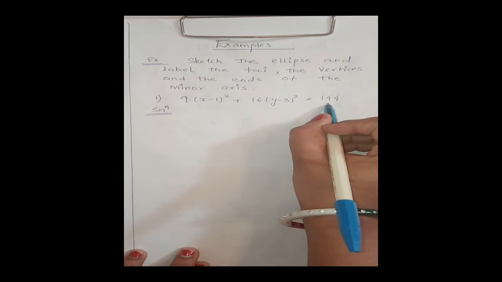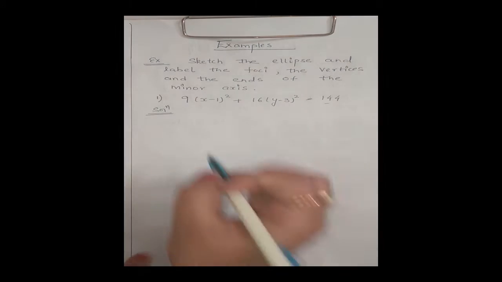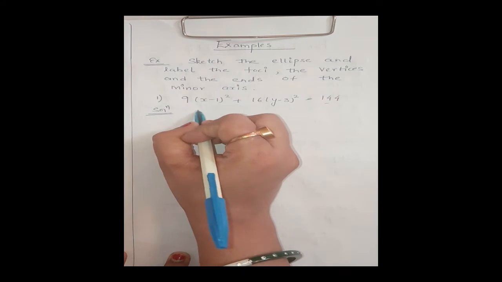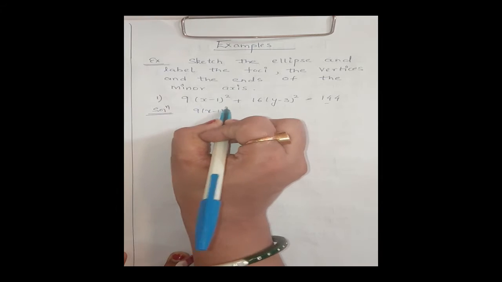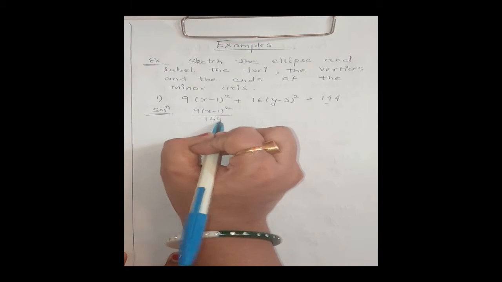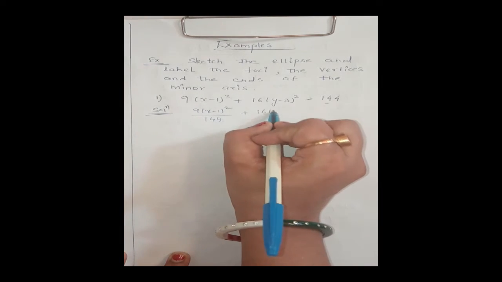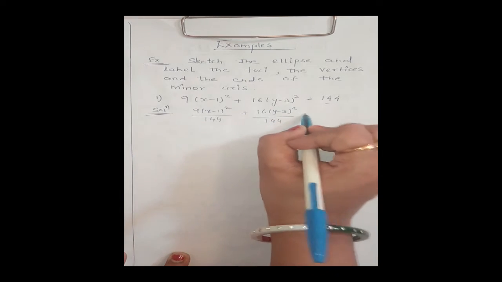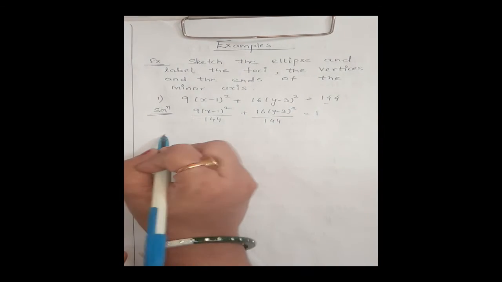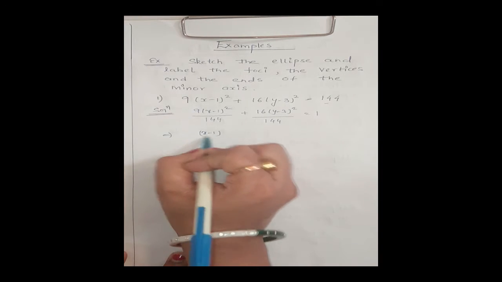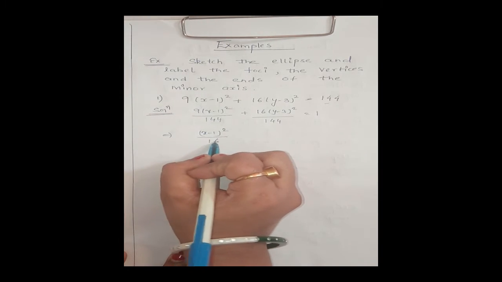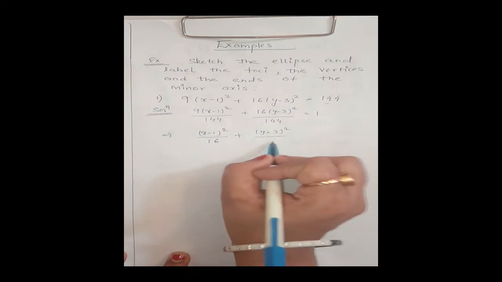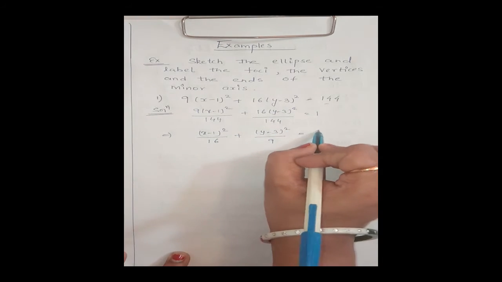Since here we want 1 on the right hand side, dividing by 144 both sides, we get 9(x minus 1) whole square divided by 144 plus 16(y minus 3) whole square divided by 144 is equal to 1, and this will give us (x minus 1) whole square divided by 16 plus (y minus 3) whole square divided by 9 is equal to 1.